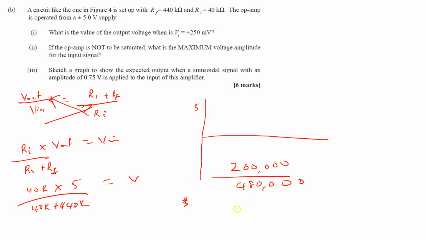Then that tells me that V in has to be 0.41 or 0.42 volts, right? That's what V in has to be.